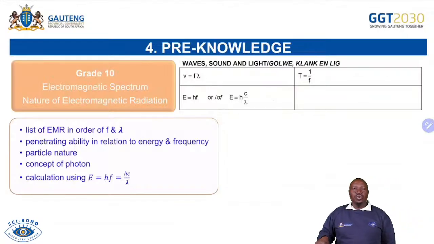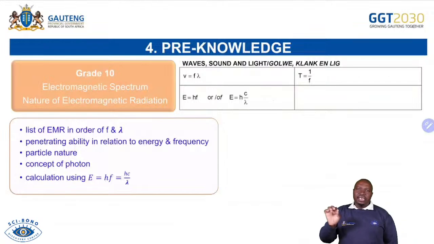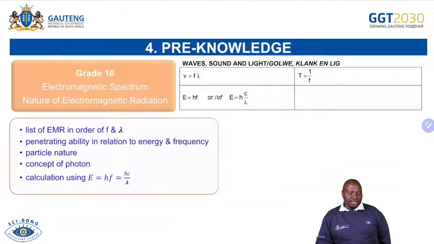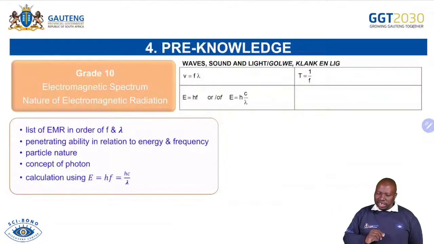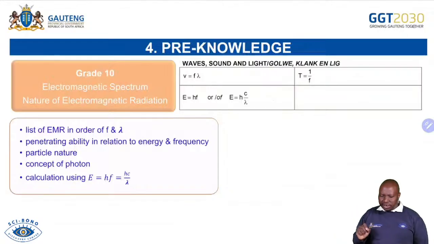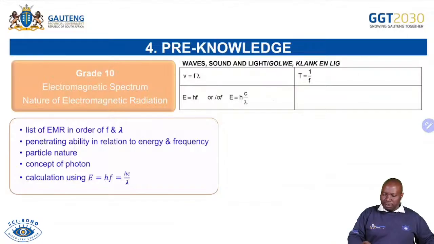In grade 11, you were year number 2. Grade 12, you are in the final year of the National Senior Certificate. That's why at the end of this year, you will write your exams and you'll be expecting to get your National Senior Certificate. Now, in grade 10, your first year of FET, you did what is called the electromagnetic spectrum.